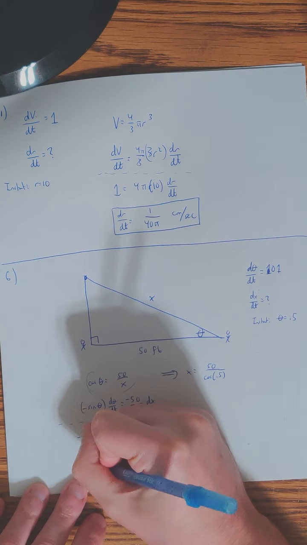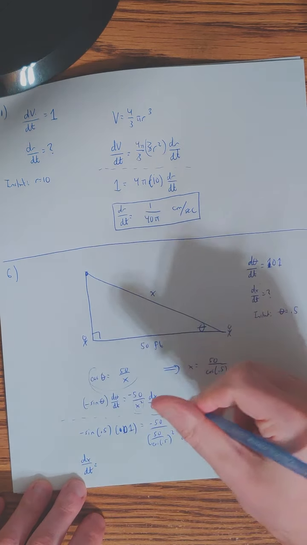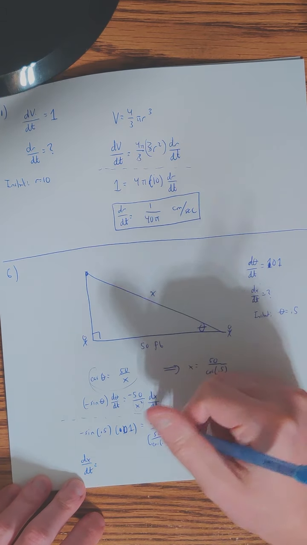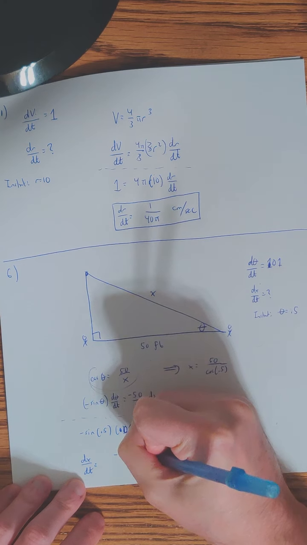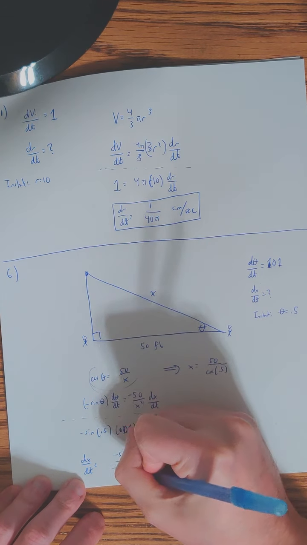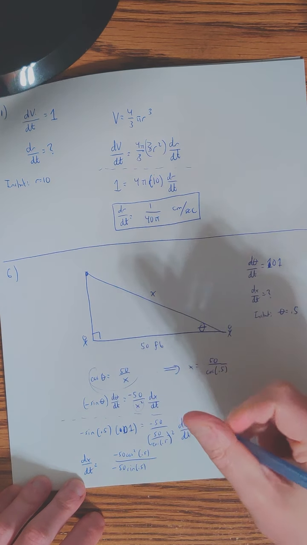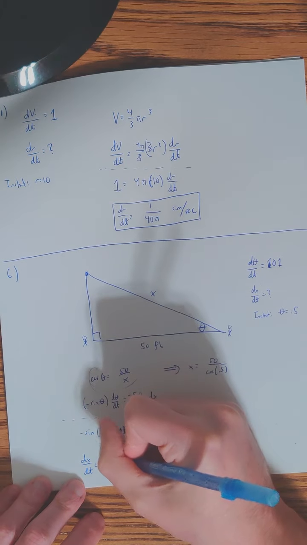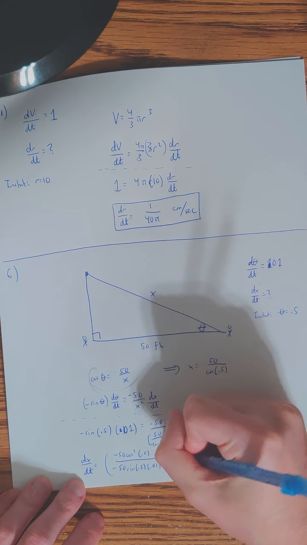And therefore, dx/dt is equal to, yikes, well, when all is said and done, I bring this up, I bring this down, this would be negative 50 cosine squared of 0.5 over negative 50 sine of 0.5 times 0.01, I have to move it all to the other side, to the negative 1.